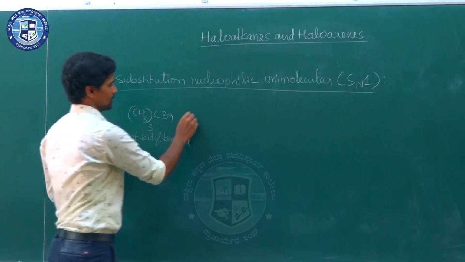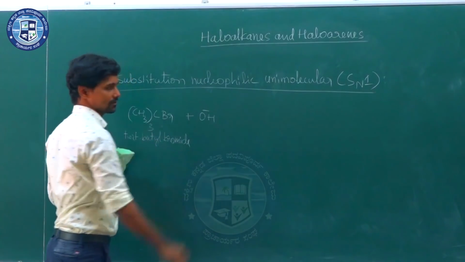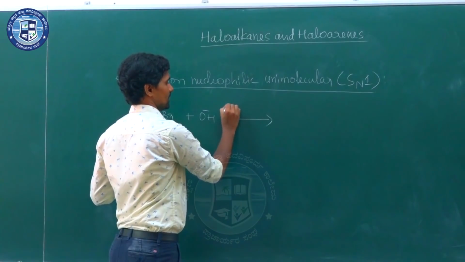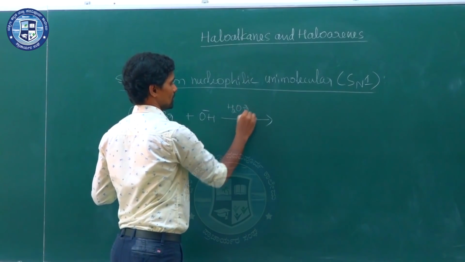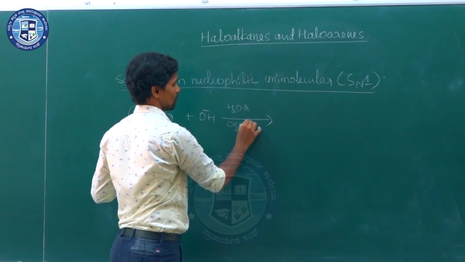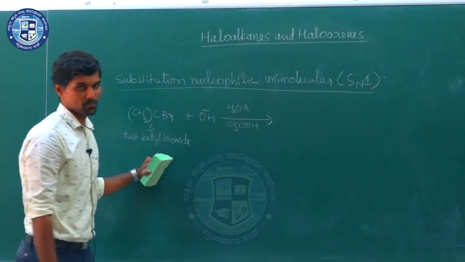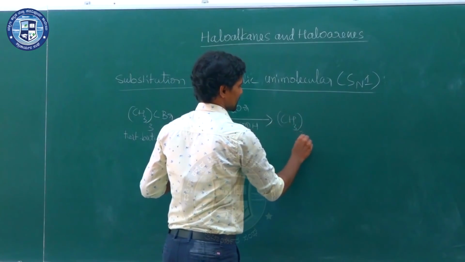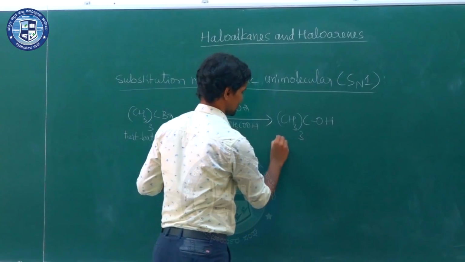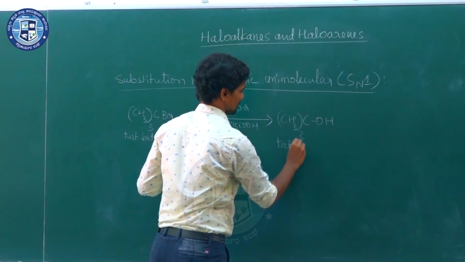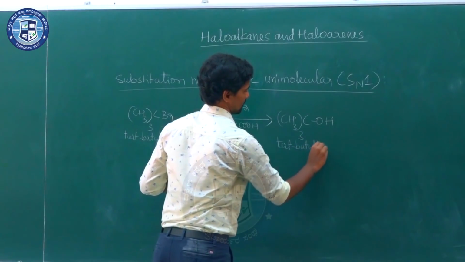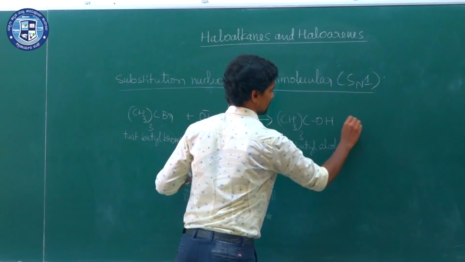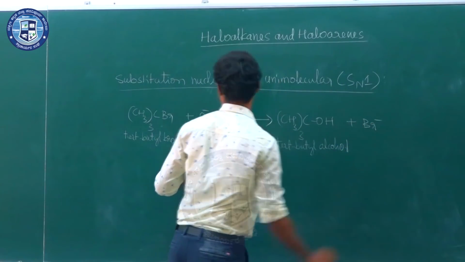Tertiary butyl bromide treated with hydroxide ion in the presence of protic solvent like H2O or CH3COOH, acetic acid, protic solvent. You get (CH3)3COH, that is tertiary butyl alcohol, plus Br minus.